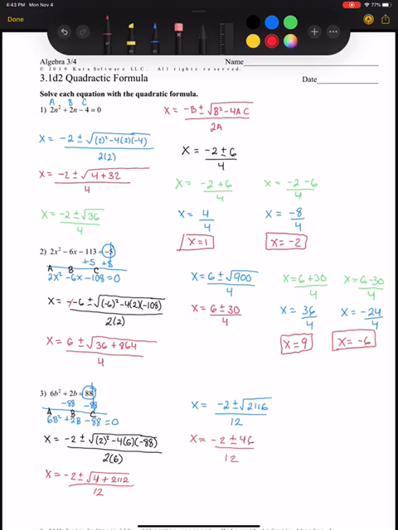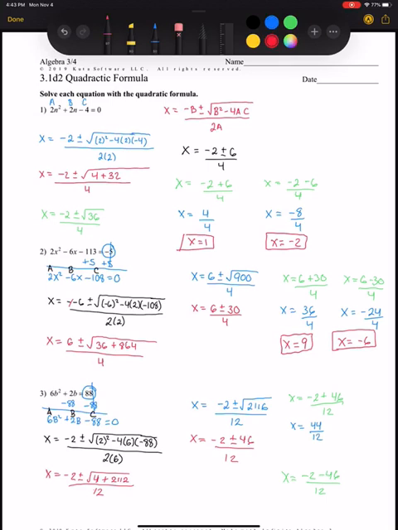And just like the last two examples, that means we have two equations here. x equals negative 2 plus 46 divided by 12, and x equals negative 2 minus 46 over 12. Negative 2 plus 46 is going to be 44. And I have 44 divided by 12.